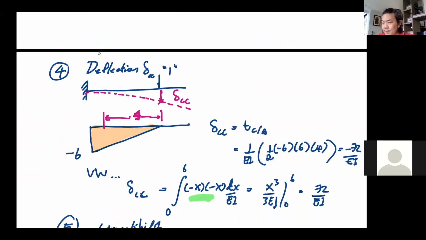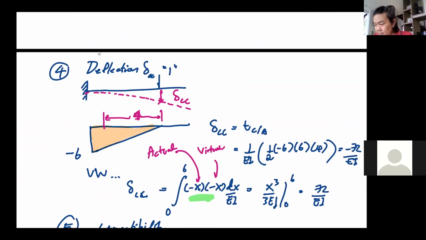This time your actual load is just equal to your virtual load. So it's slightly confusing maybe. But this is the actual. And it is also the virtual.